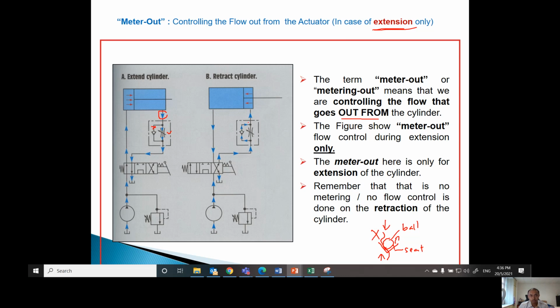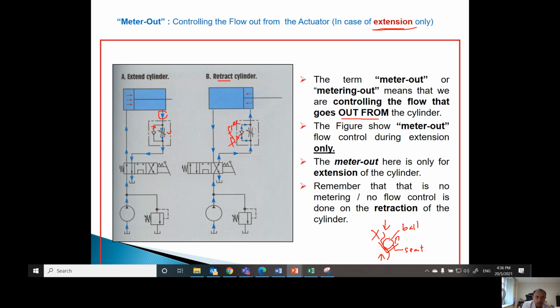So now let's prove that during retraction there is no control of the speed. When the DCV is changed to this position, the flow will go through this way, entering the one-way flow control valve, where the check valve will be in a position that allows free flow. So this is a free flow again.